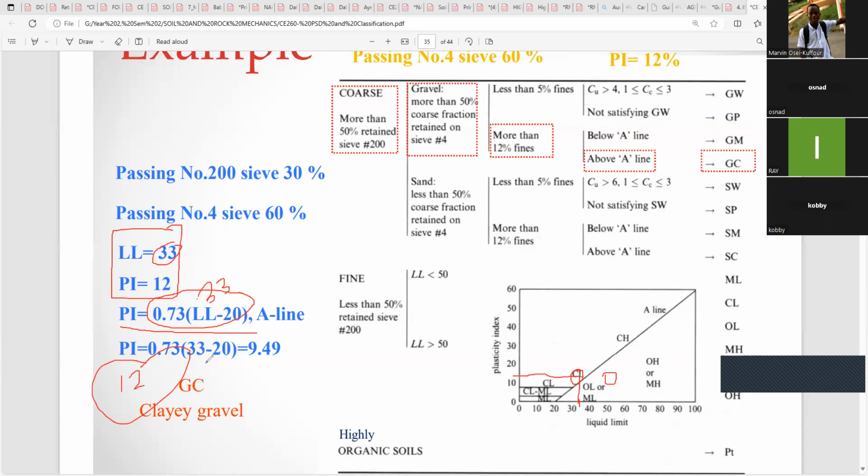If that result is less than this, like we had 9.49, then it means that it is above. Do you get it now?